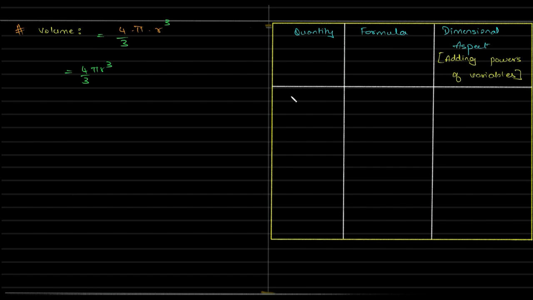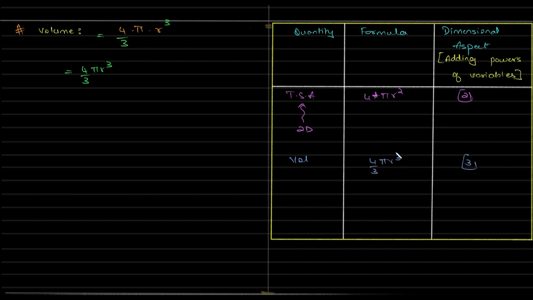Right? So let's recall, total surface area is 4 times the area of a circle. Since this is a square, the powers add up to 2, and so this is of 2 dimension. Next is the volume, which is 4 by 3 pi r cube.